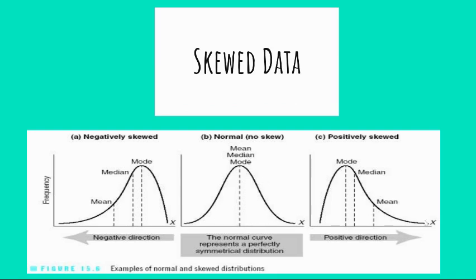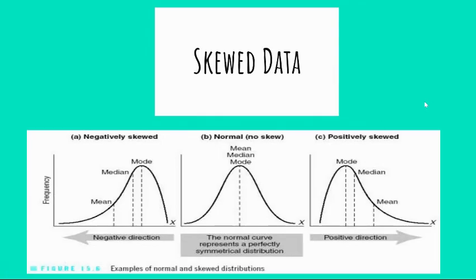If we have a data point that pulls us in a positive direction, it pulls us over to the right, that means that my mean is higher than my median because it's being pulled by higher scores. In contrast, if it's negatively skewed, that means my mean is lower than my median because my mean is being pulled in this direction by lower scores.